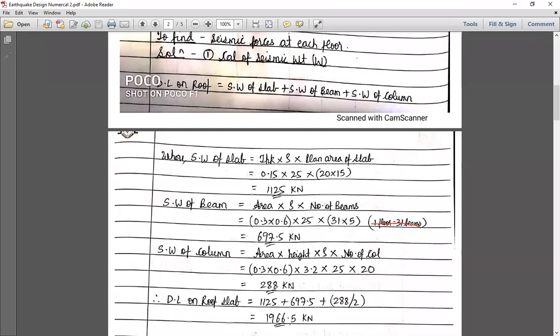Is this clear, everyone? Okay, so 1.6 meters we have considered. Yes, dead load on the roof slab. Is this clear, everyone? Yes or no? Yes, sir. Okay.